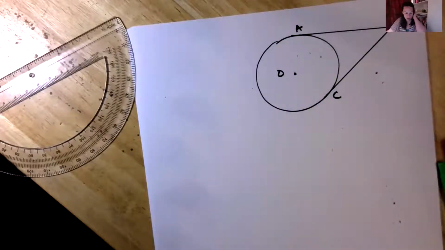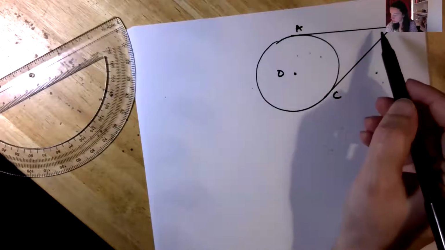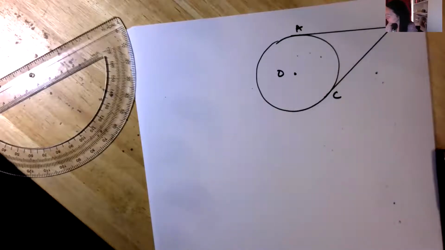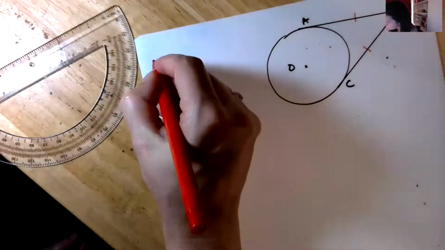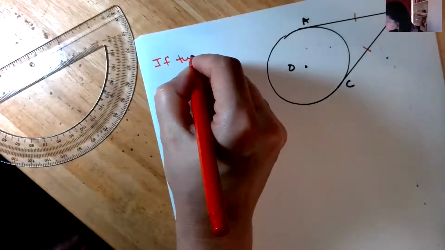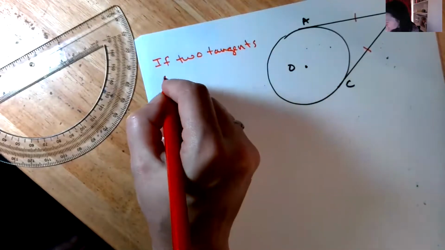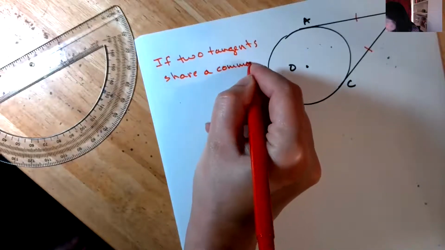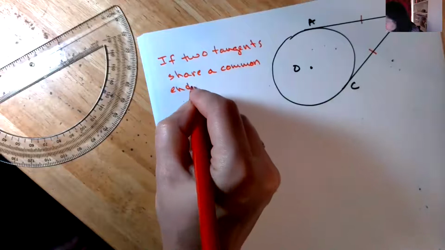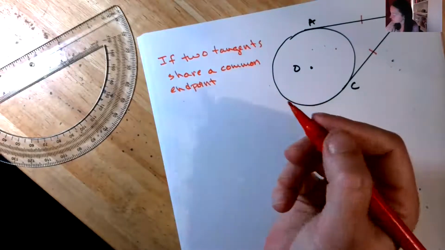Okay, so if two tangent segments to a circle share a common endpoint outside the circle, then the two segments are congruent. So if two tangents share a common endpoint, in other words, they intersect if they're lines, right?